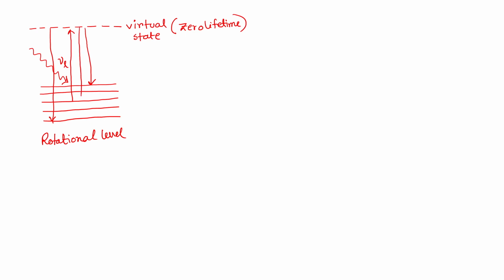One, that it is coming back to this with ν_L. Another could be the scattering which has a lower energy, that is ν_L minus ν_M, known as Stokes Raman scattering. And another could be this one, where the scattering has a higher frequency, which is known as anti-Stokes scattering.